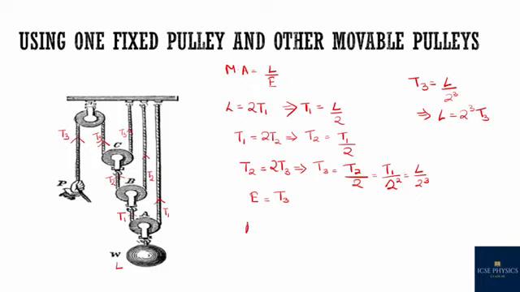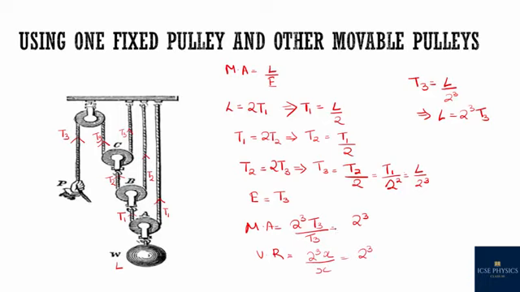Now mechanical advantage is load by effort. The load is 2 to the power 3 T3, by effort T3. That is 2 to the power 3. Now what will be the velocity ratio? The velocity ratio will be the same, 2 to the power 3 x by x, that is equal to 2 to the power 3.